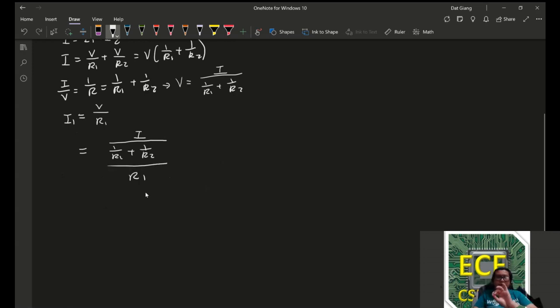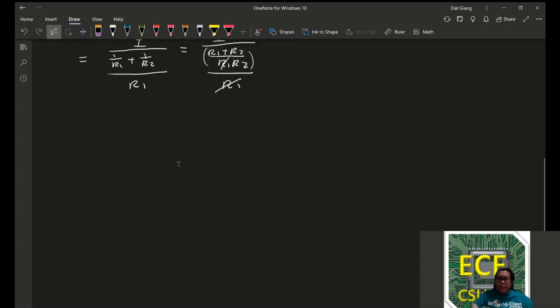However, if we do a common denominator and start simplifying, this becomes I divided by R1 plus R2 divided by R1 R2. These two R1s cancel out, and this R2 goes at the bottom.